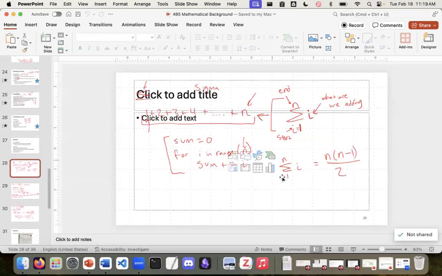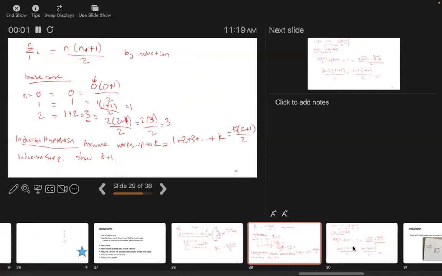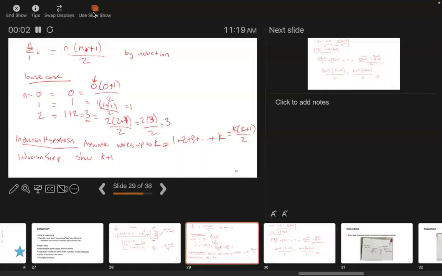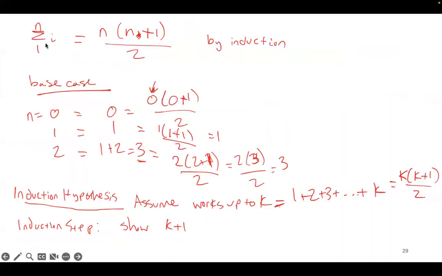So we proved that the sum of things up to n is n times n plus 1 over 2. We could say this is our premise, P of n.